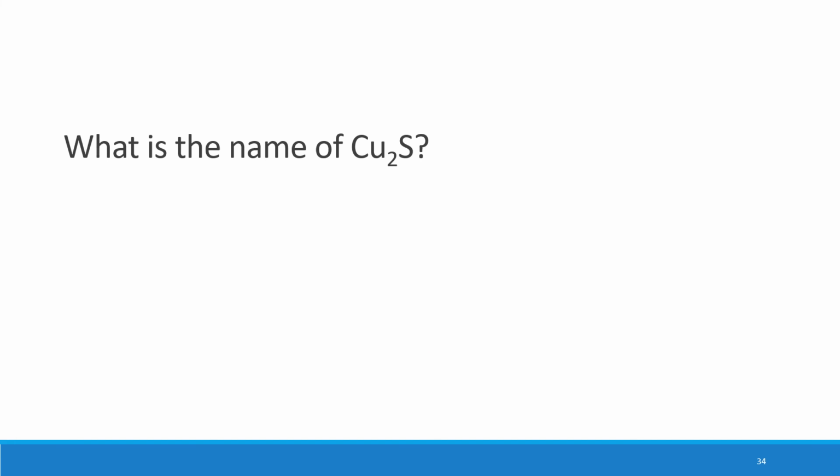Okay, what's the name of Cu2S? Again, working backwards. This is the sulfide ion. Sulfide is 2 minus. So that's 2 minus charges. That has to be equaled by 2 plus charges. Now, in this case, there are 2 coppers.